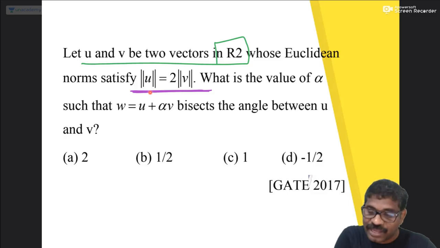On the XY plane, U and V are two vectors such that length of vector U equals 2 times the length of vector V.